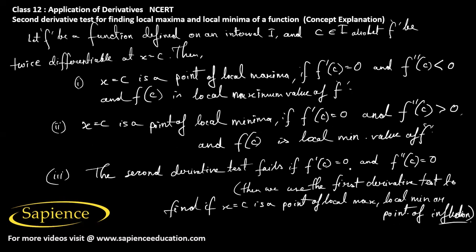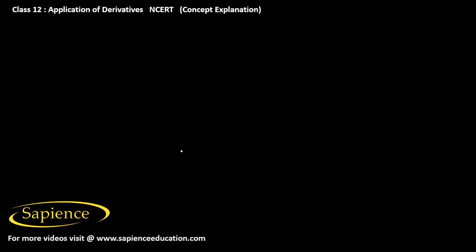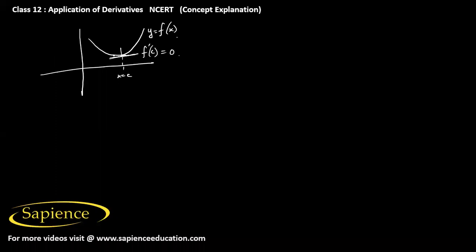So here we can see, suppose local minima will be somewhere here. The slope of the function at x equal to c, suppose it is a graph of some function y equal to f of x. At x equal to c, the slope of the function is 0. It means f dash c will be equal to 0. And here we can see that the slope is changing from negative to positive.